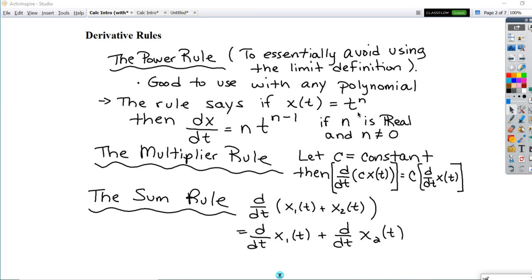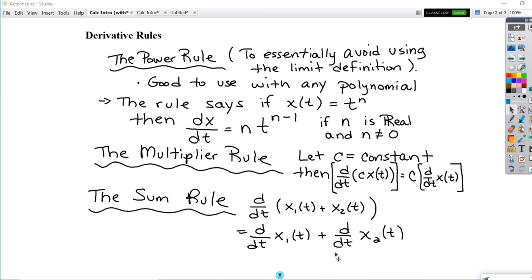So this rule could act on both my terms separately. So that's what we do. If I want to take the derivative of a sum, I can just find the derivative of each term of that sum and then add them all together. So the derivative of a sum is the sum of the derivatives.